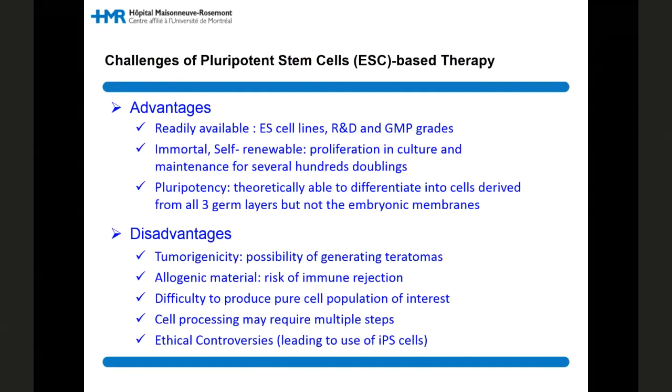So induced pluripotent stem cells have been a solution to embryonic stem cells, although not exactly replicating this activity. They do present most of the advantages and actually are going around a lot of the obstacles that I just mentioned. And when you're developing a cell product, you need to think of both the advantages as well as the disadvantages and how you're going to be addressing each of these issues.